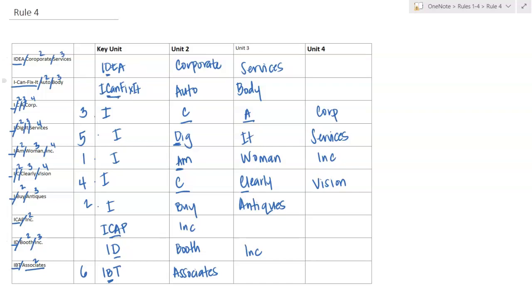An N in the alphabet is before the P. So I Can Fix It would be filed before ICAP. And then for the last 2, we have ID Booth Inc. and IDEA. Again, we have this nothing before something rule, so that means that ID would be filed before IDEA. So that's number 10.